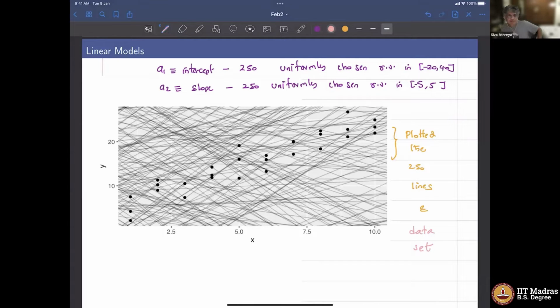Now, if you look at this picture, you don't know which is the best line. Everybody's going haywire. You think there should be a line that goes like this, but if I choose random lines and just plot them, there is no sort of structure. I've produced for you 250 linear models.